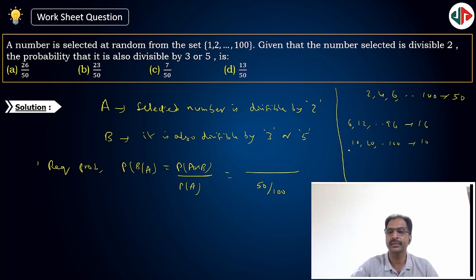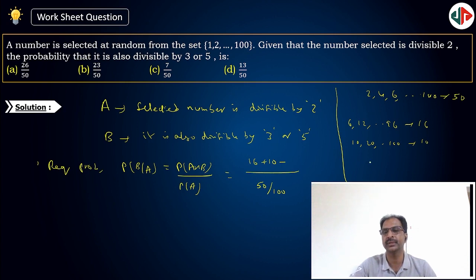And what are the common numbers we have, which are divisible by 6 as well as 10? The common numbers you have to subtract. So 16 here, 10 here, out of which you have to subtract the numbers which are common in this.